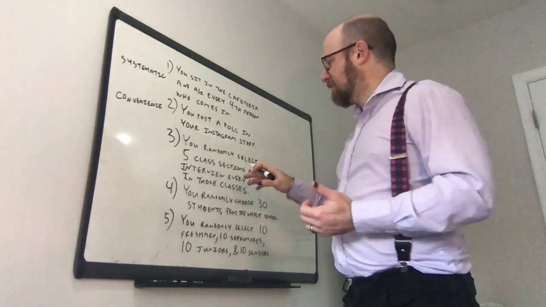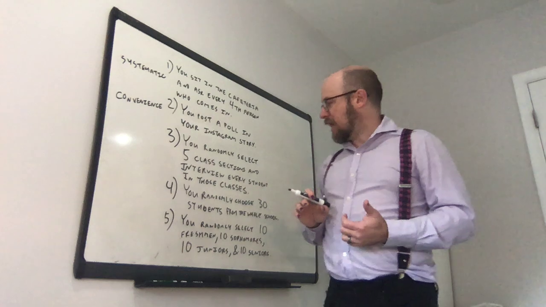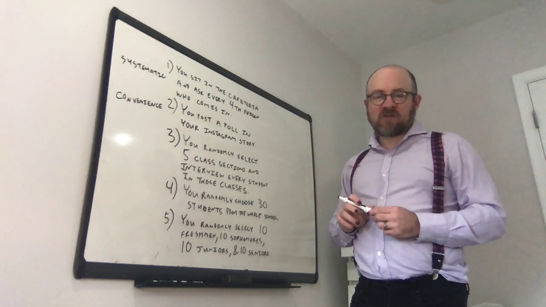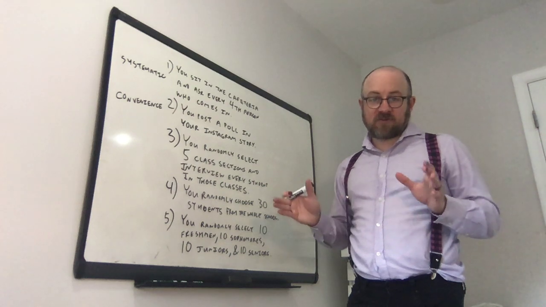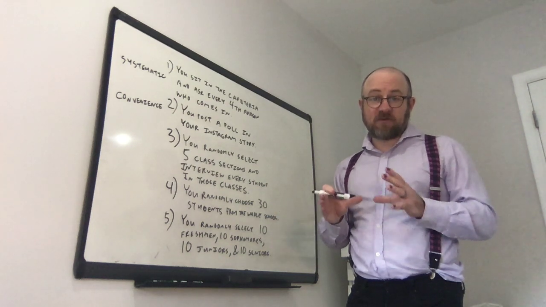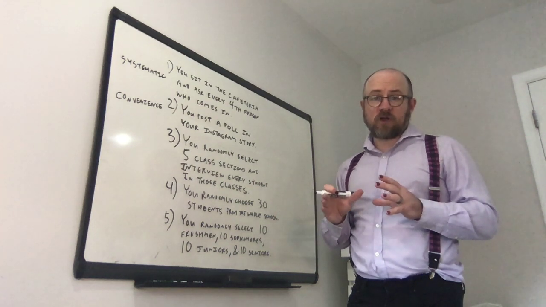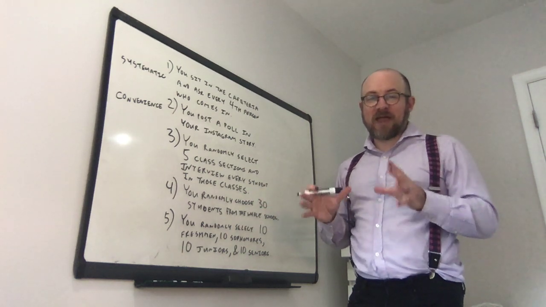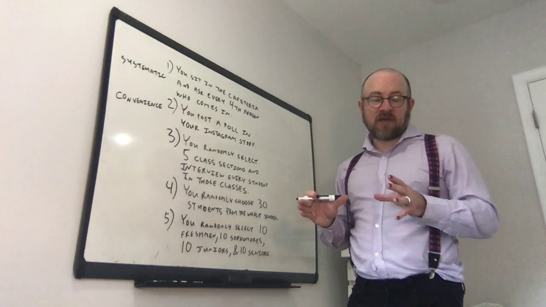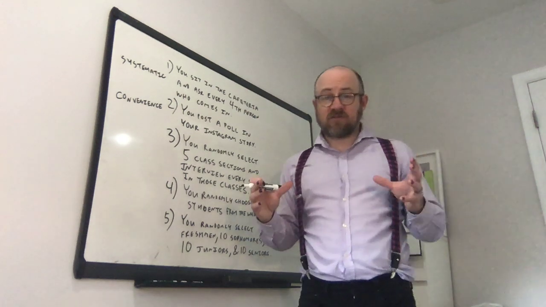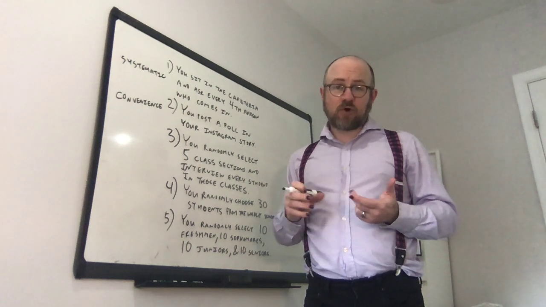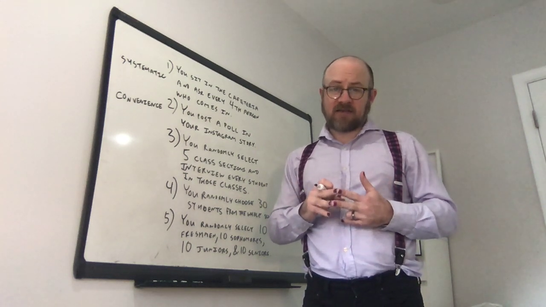Okay? You randomly select 5 class sections and interview every student in those sections. Okay? So this is one of the ones where we're dividing up into groups, right? So a class section is a group of students. We're going to split up the entire university into those class sections, and then we randomly select 5 of them and interview all of the students in that section. Okay? Now remember, the 2 where we split up into groups are stratified and cluster.